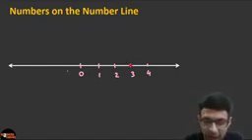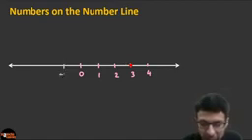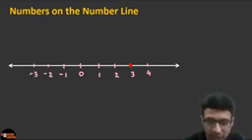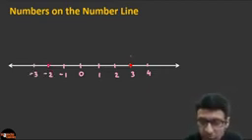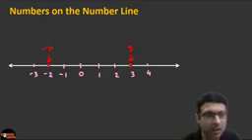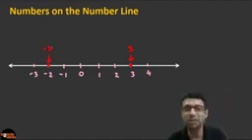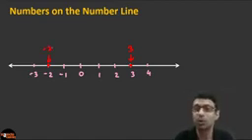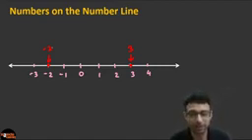Similarly, we have negative values here: minus 1, so here's minus 2, minus 3, and so on. Can you see we put the point 3 here, and this is the point minus 2? So you can represent positive numbers and negative numbers, or we say real numbers, on the number line.